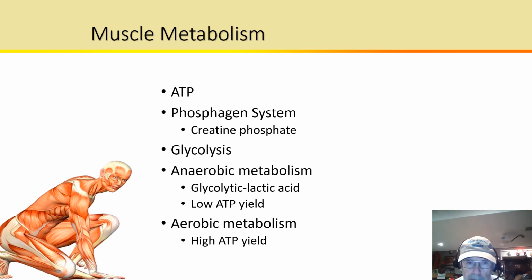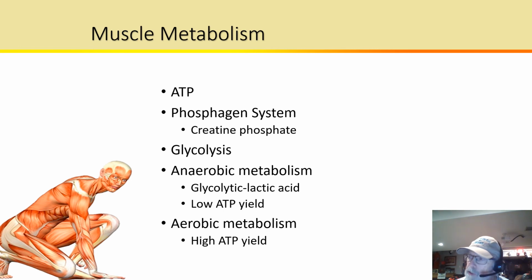Now, when we talk about aerobic or anaerobic metabolism, which follows this glycolysis, once I take the glucose and start to break it down, it goes through this cycle where the C6H12O6 glucose is going to end up being broken down to H2O, water, and CO2, carbon dioxide.